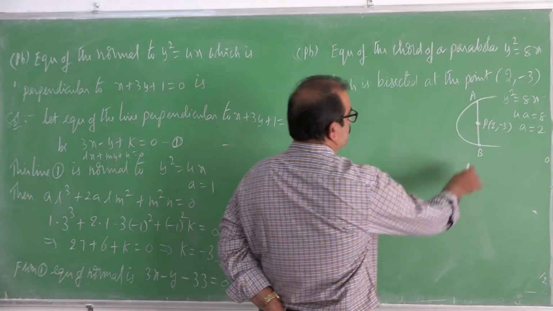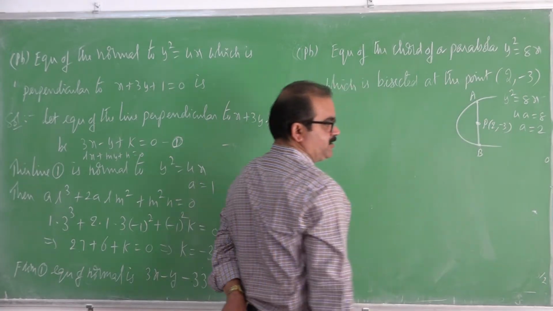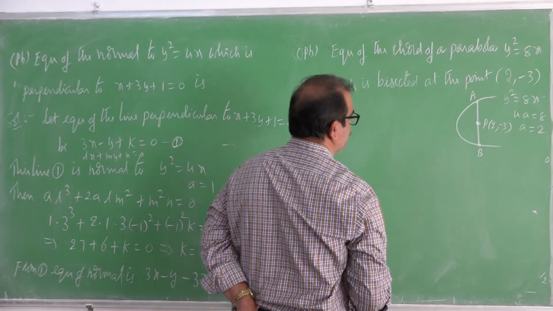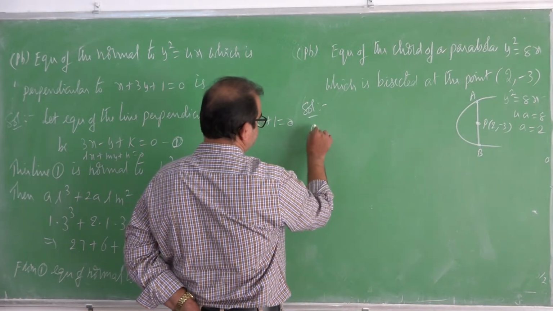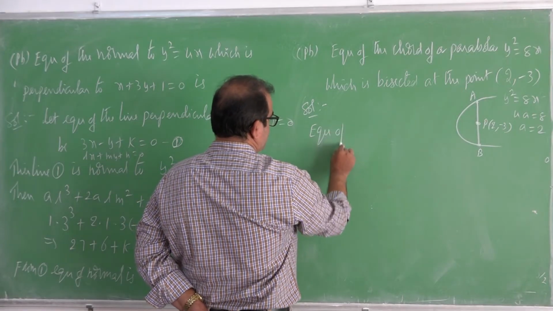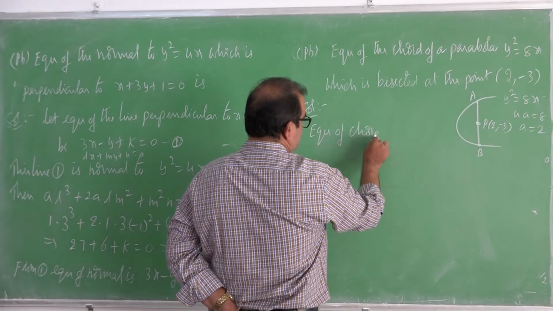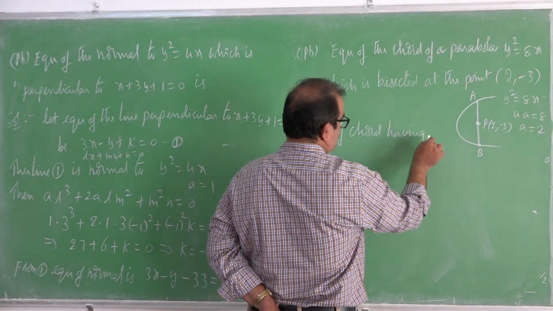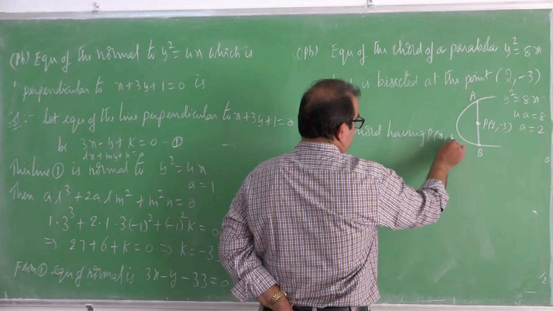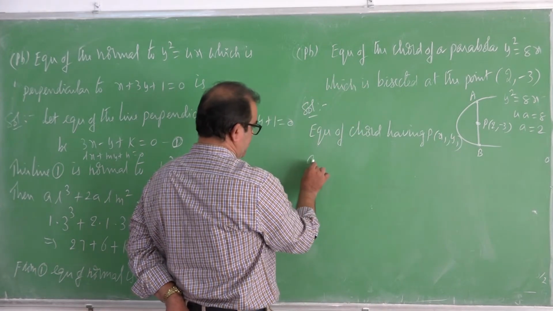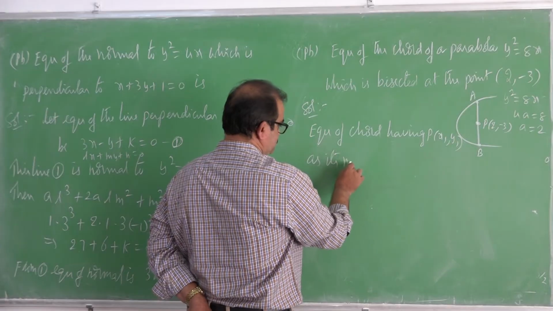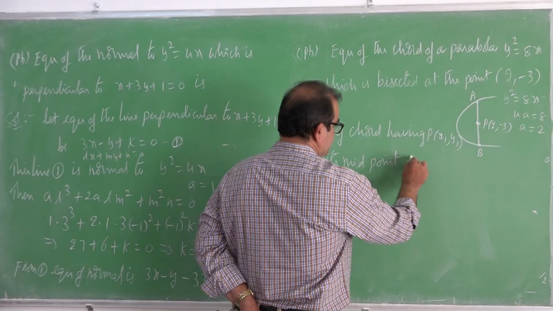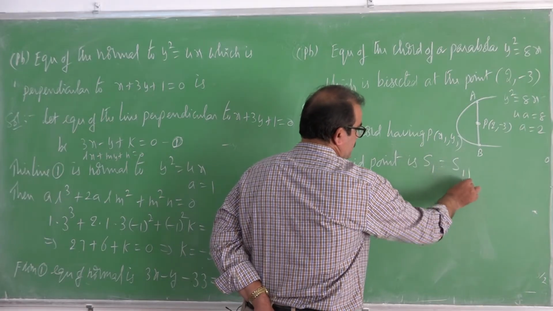We already know if P(x1, y1) is the midpoint of the chord, then the equation of that chord is S1 is equal to S11. Write that formula. Equation of a chord having P(x1, y1) as its midpoint is S1 is equal to S11.